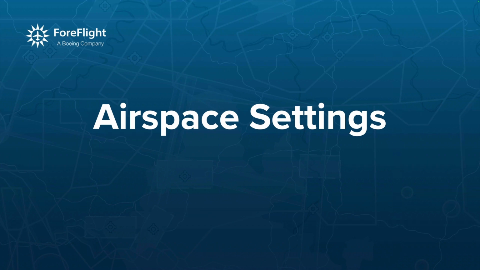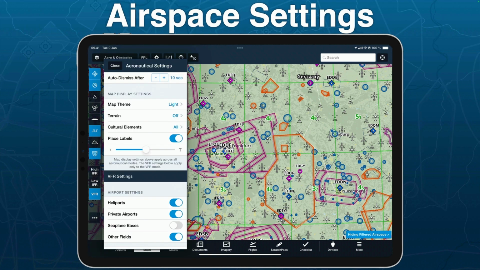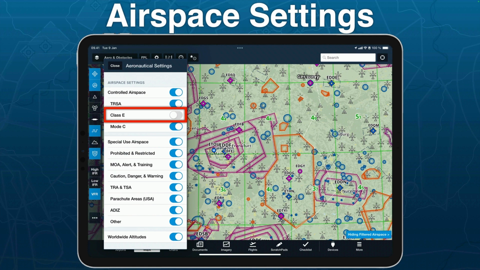We have also improved the airspace settings in the ForeFlight mobile app. Again, we are opening the settings for the VFR mode and scrolling down to the airspace settings. The huge change is that in the past only class Echo airspace in the US could be hidden.